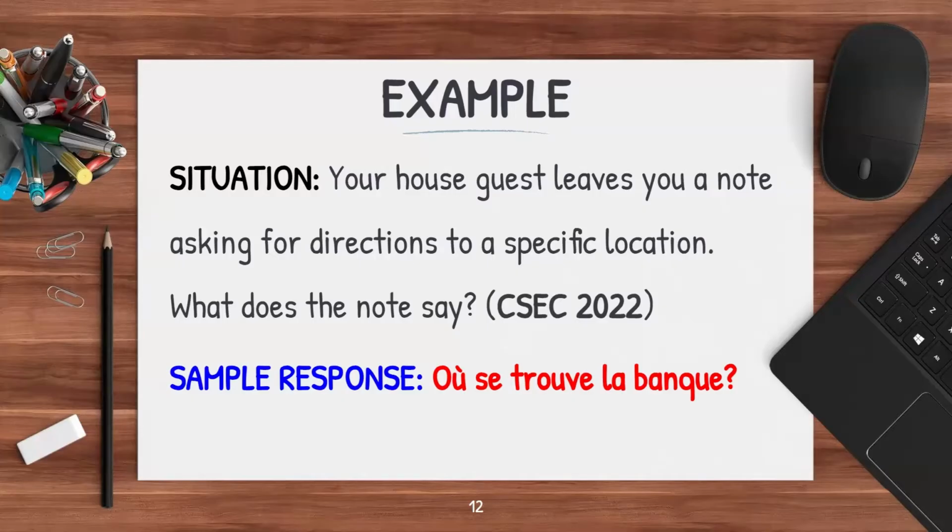If you look carefully here, the context given is that your house guest leaves you a note asking for directions to a specific location. And now it's asking, what does the note say? So that is our situation.